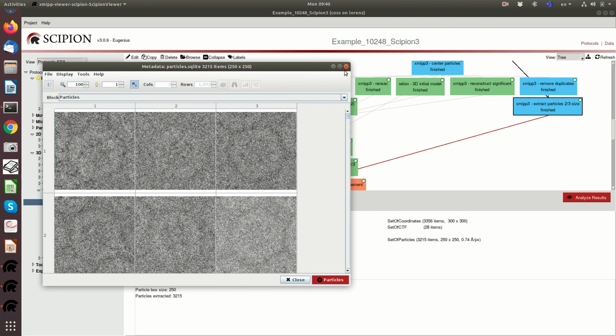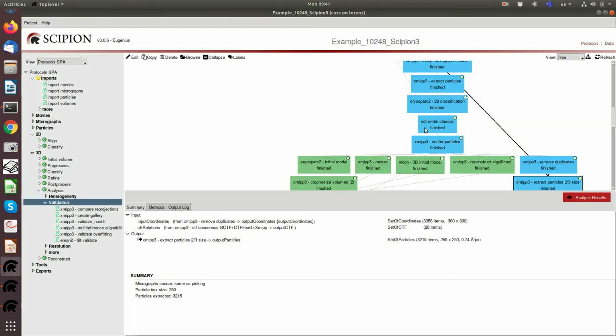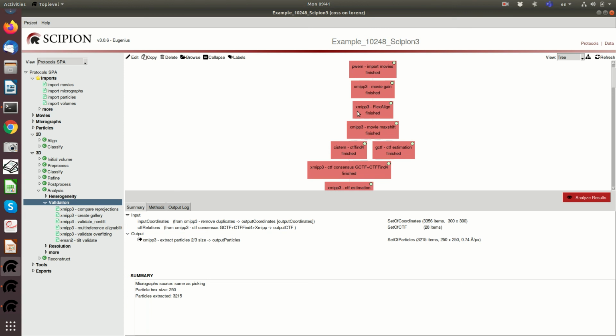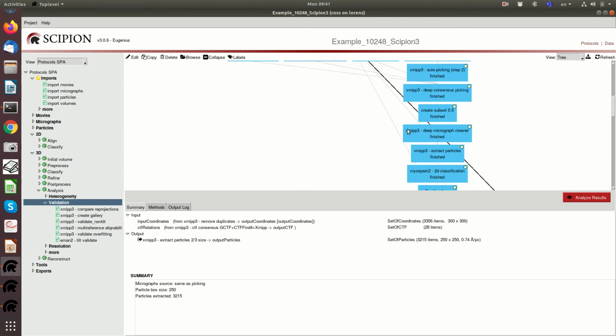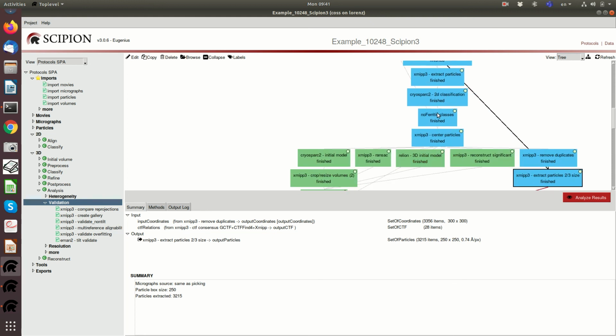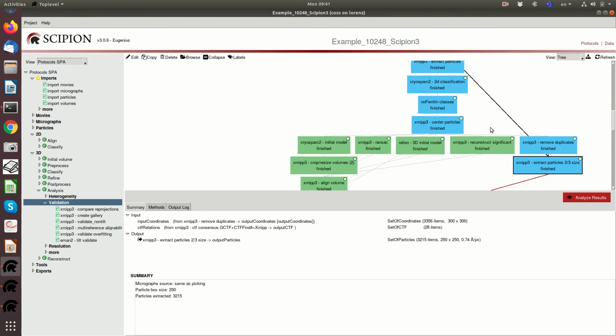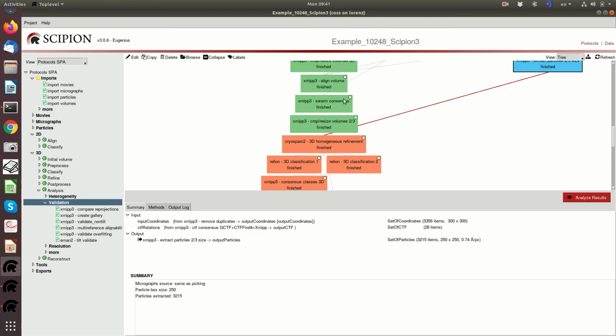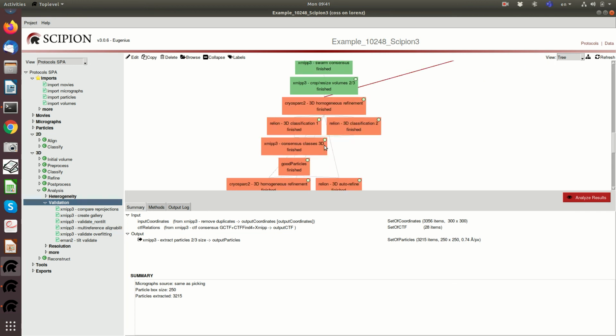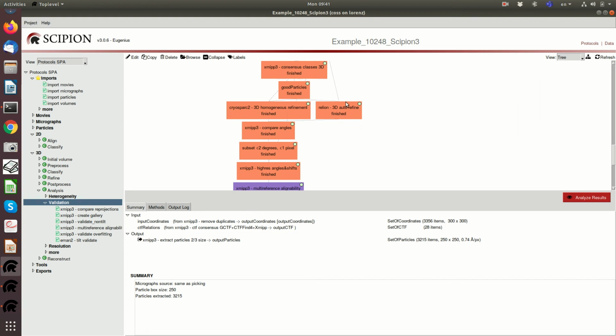And unless you can combine different algorithms and make sure through consensus, we had a consensus for the defocus, we had a consensus for the particle picking, we had a consensus for the 2D classification, we had a consensus for the initial volume, for the 3D classification, for the angular assignment, and unless you employ all these consensus, you can never be sure that the parameters you have estimated are the correct ones.